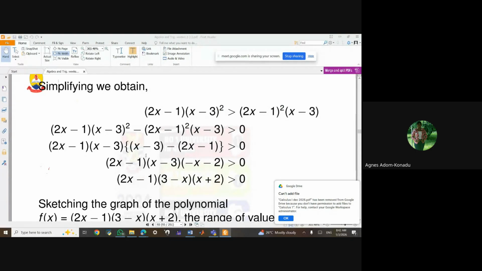When I simplify, I have 2x minus 1, x minus 3, then in the brackets I have x minus 2x, which gives minus x, and minus 3 minus 1, which gives minus 2. So I have 2x minus 1, x minus 3, minus x minus 2, greater or equal to 0.